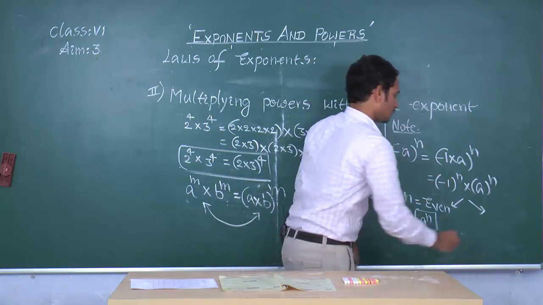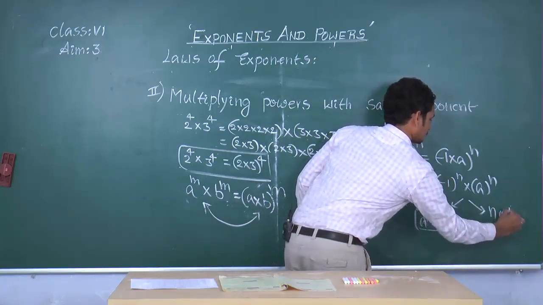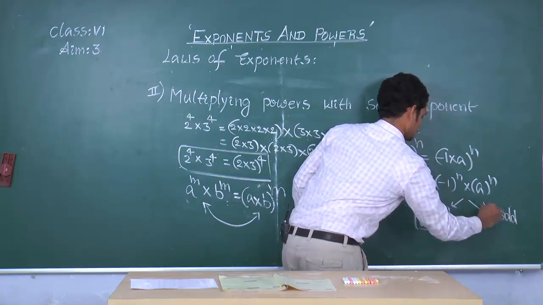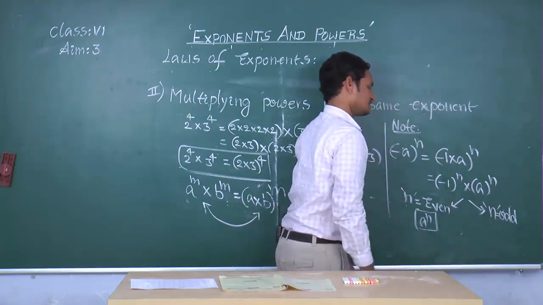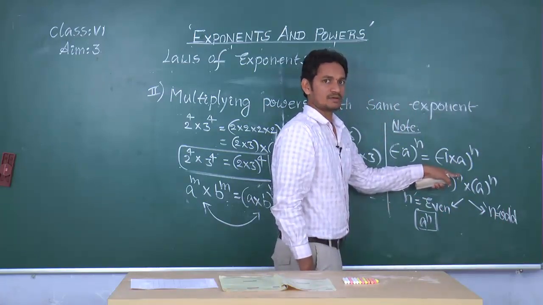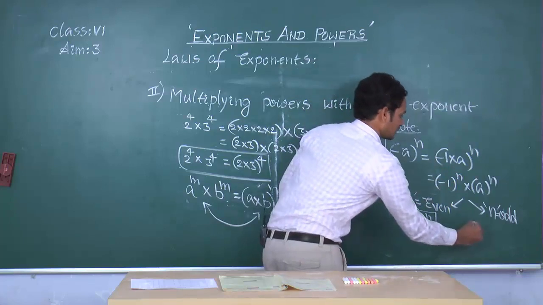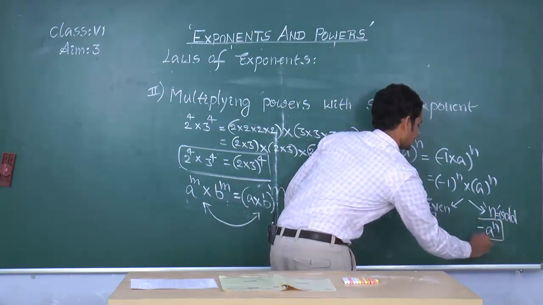Sometimes n may be odd. In such a case, minus 1 raised to the odd number is always minus 1. So the result will be minus a power n.